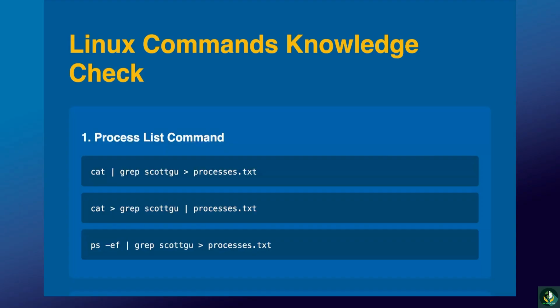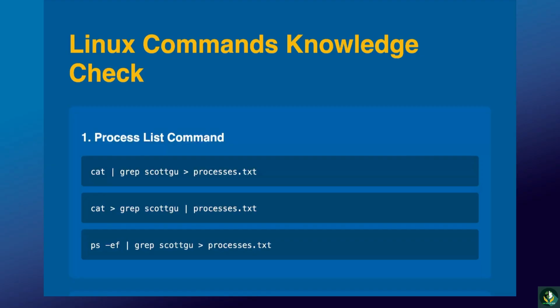Is it cat grep scottgu process.txt? Is it cat greater than grep scottgu pipe processes.txt? Or is it ps -ef pipe grep scottgu redirect to processes.txt file?